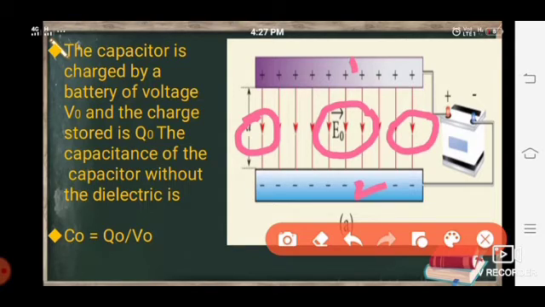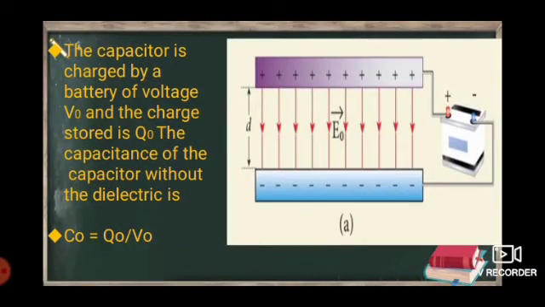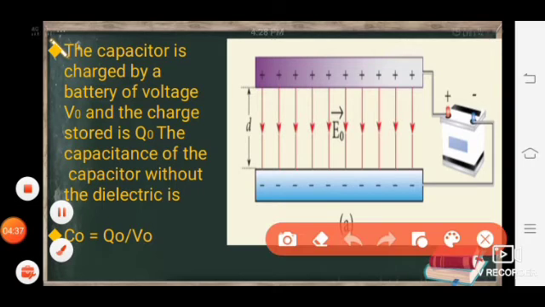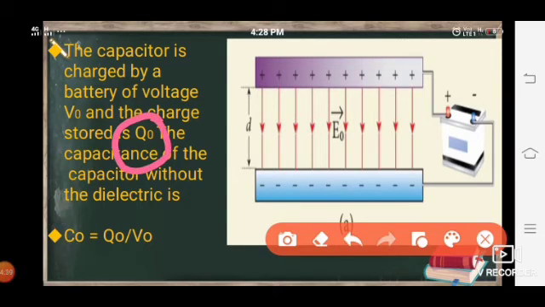When the battery is connected, the charges are distributed to the plates of the capacitor. The positive charge is stored in one plate and the negative charge in the other plate. This also creates an electric field and produces a potential, and the stored charge is denoted by Q naught.